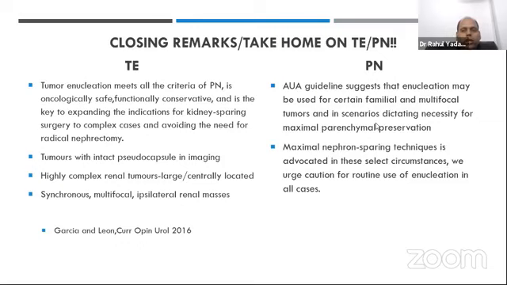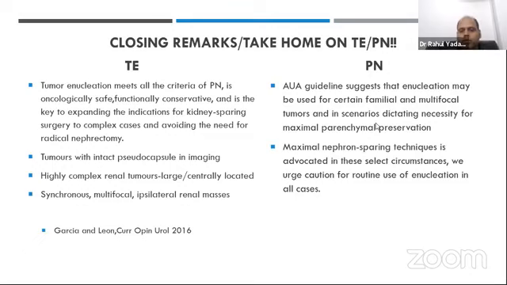Tumors with intact pseudocapsule on imaging can be taken care of with tumor enucleation. Highly complex renal tumors like large or centrally located tumors should be done with tumor enucleation. It is especially beneficial for synchronous multifocal ipsilateral renal masses. AUO guidelines do suggest that for certain familial multifocal tumors, this is the modality to go ahead with.